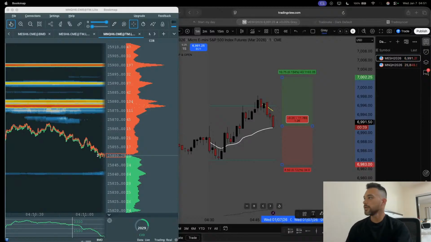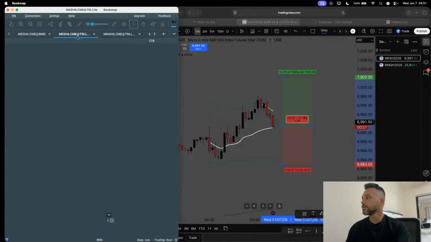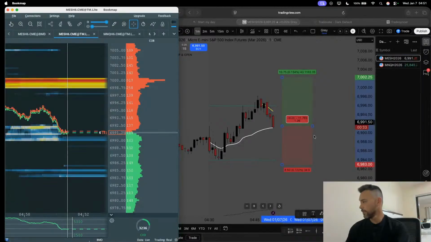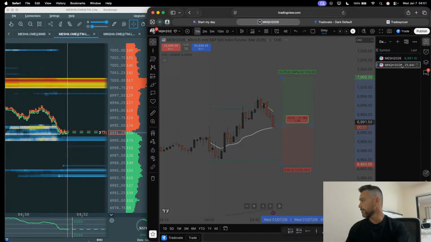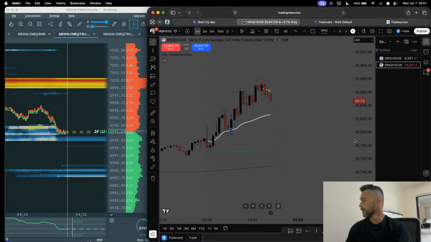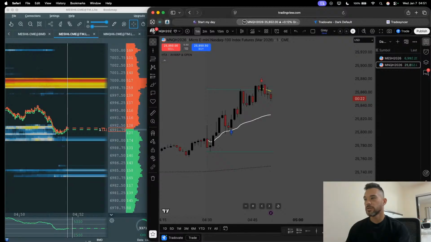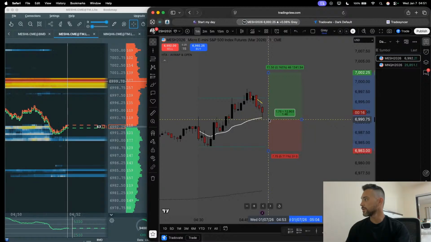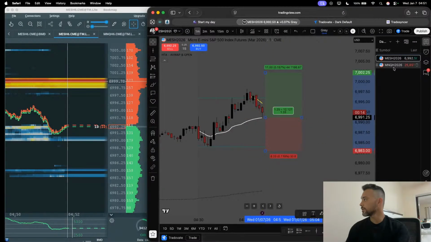So we have some pullbacks here. MES still bullish, so this might be a good retest here. Let's see what happens at this level. MNQ still has a way to go. We have 9 more minutes before the close, before the news. MES might go a little lower.